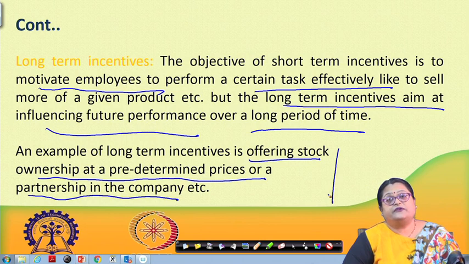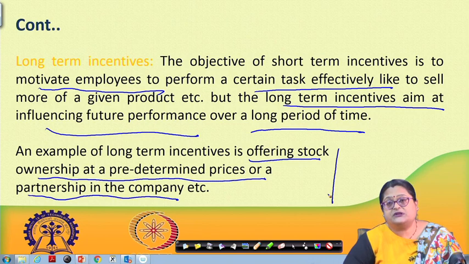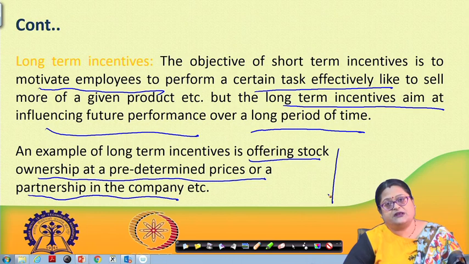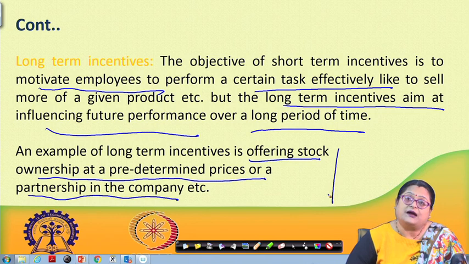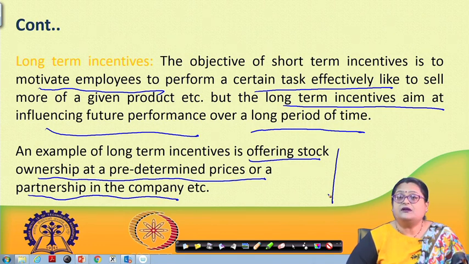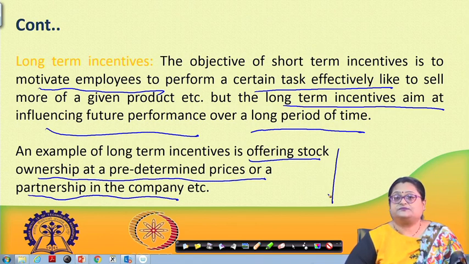When you are offering stock ownership at predetermined prices and a partnership in the company, it offers you ownership of the company, and it gives a feeling to the person, it's my company. And when you have that feeling, I am one of the owners of this company, in whatever small proportion maybe, it gives you a sense of commitment to the organization to perform in a better way. So, that is the motto of giving a long term incentive.